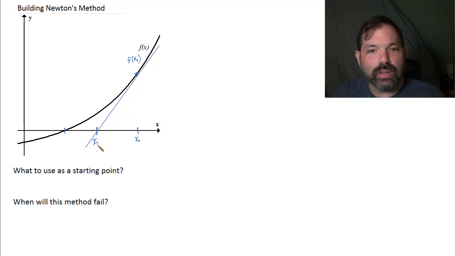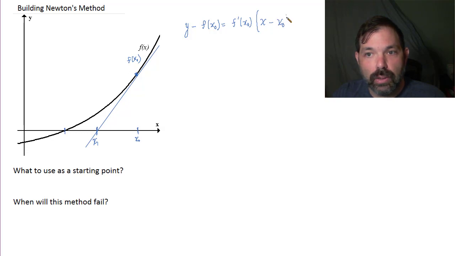Now, can we calculate x1? Well, I know x1 is the x-intercept of the tangent line, and I know how to find a tangent line. That tangent line is given by y minus the output f of x0 is equal to the slope f prime at x0 times x minus x0.